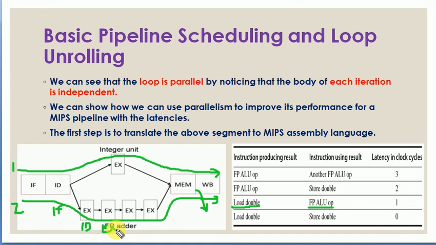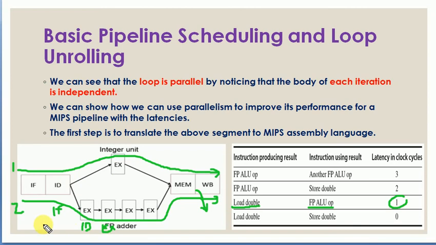It actually expects the result of load double, and after that we expect the FP-ALU operation. So it will actually have a latency of 1 clock cycle if we pass through the same set of instructions one after another. So load will be finished after the memory stage.